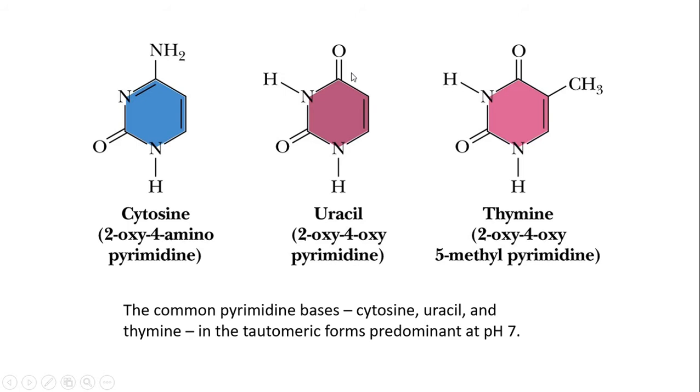So we have 2 oxy 4 oxy pyrimidine. And in thymine, we still have that original 2 oxy, or the carbonyl at the 2 position. We have the 4 oxy that we see in uracil, but what distinguishes this from uracil is the methyl group in the 5 position. These are the predominant forms found at pH 7.